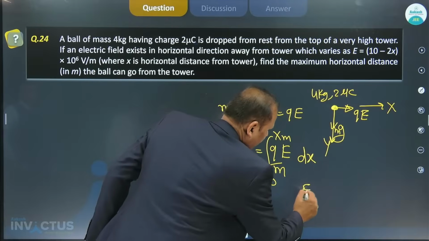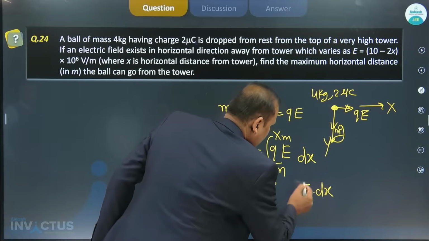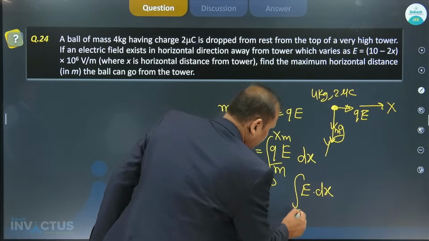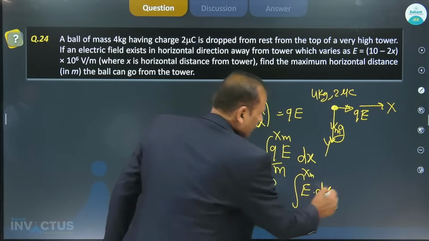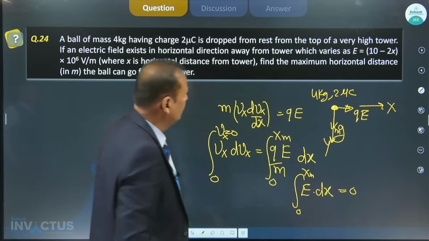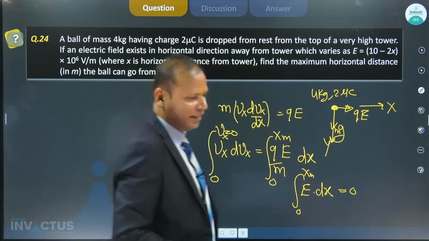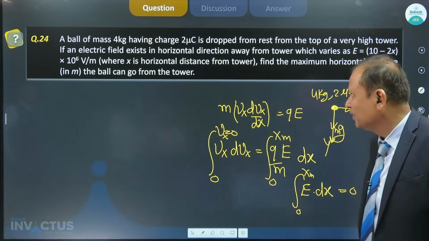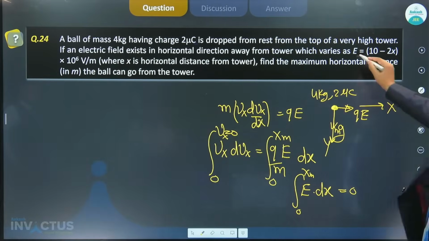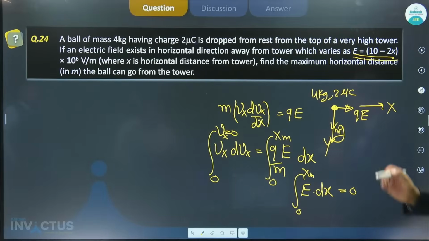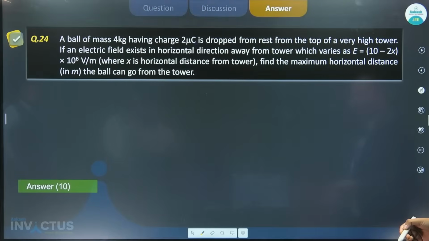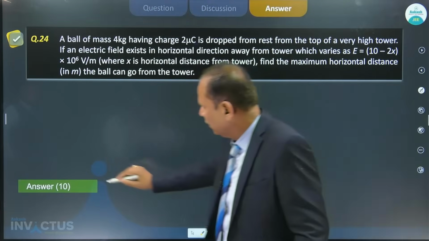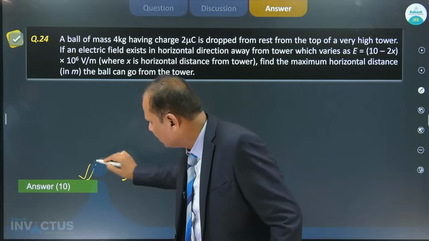So, the integral of E dx from 0 to x max is equal to 0, put that, and you will reach the right answer. E is given, so E dx can easily be calculated. So, the answer is 10. This is the maximum value of x.